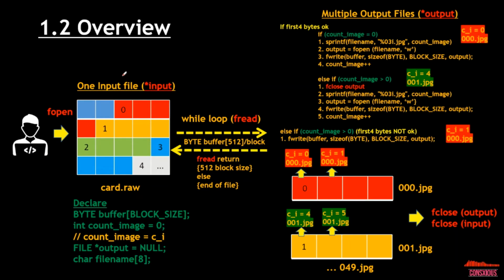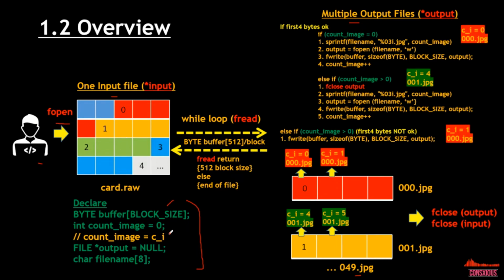So this is what happens behind the scenes. As a user, we're going to fopen the file. There is one input file, and we generate multiple output files, around 50 JPEGs. Before we go into the loop of freads, we can declare some parameters. Each block takes 512 bytes, so the block size is 512.